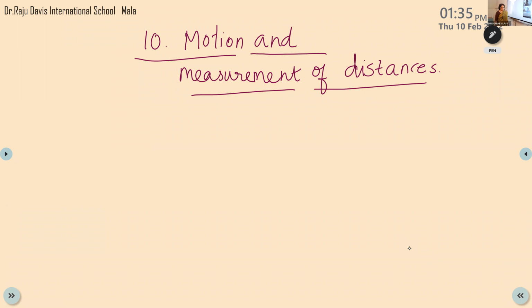Aromal, when is an object said to be in motion? Are you in motion, Aromal? No. Okay. So, when can we say that an object is in motion? Who can tell me? Jelin, Elizabeth.